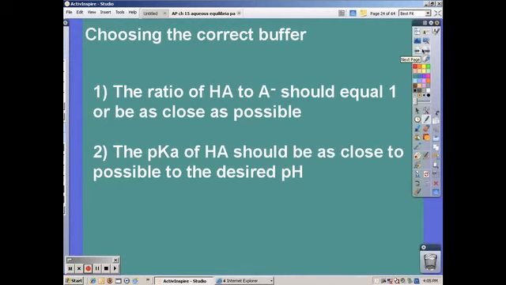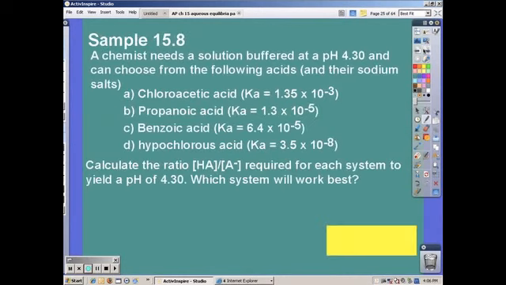Alright, finally, choosing the correct buffer, the ratio of acid to base should be as close to 1 as possible, and the pKa of the acid should be as close to the desired pH as possible. So here we want to make a pH 4.3 buffer, and we have 4 acids to choose from. The first thing we want is a pKa close to the desired pH.